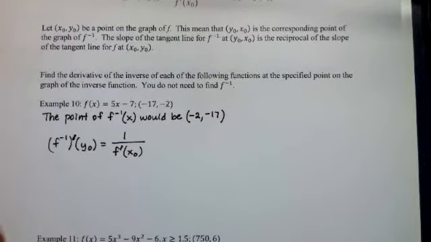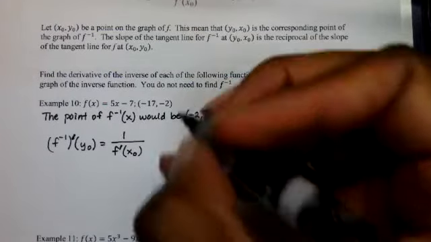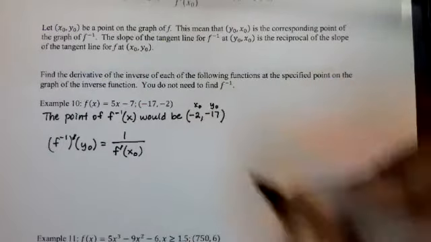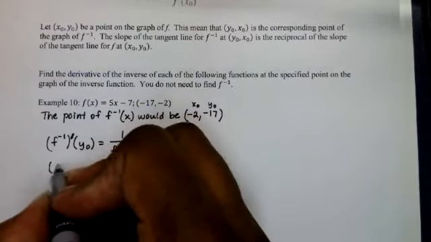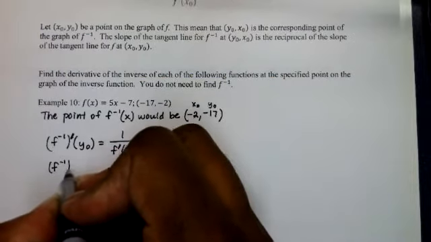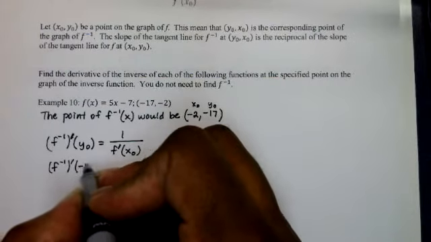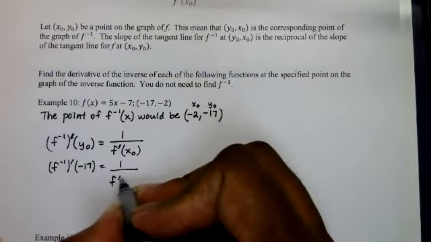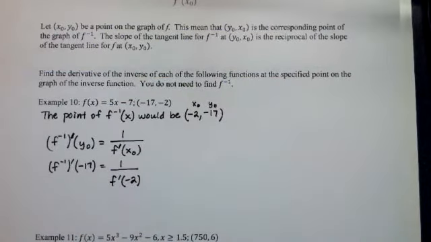In this case, you can see that negative 2 is going to be x sub 0, and y sub 0 will be negative 17. So now let's do some substitution. F inverse prime of negative 17 is equal to 1 divided by f prime of negative 2.